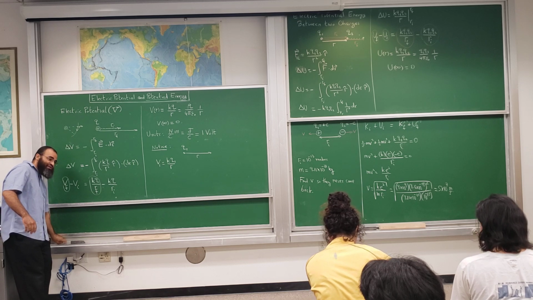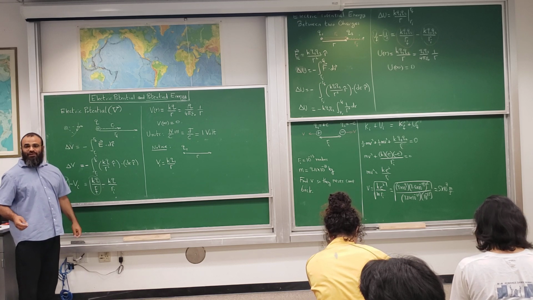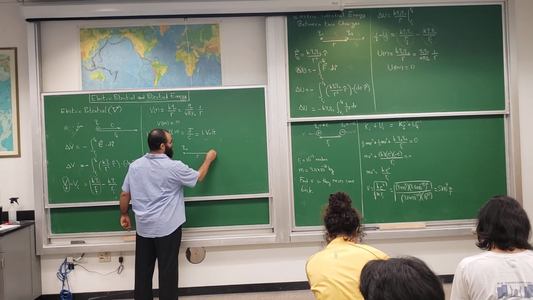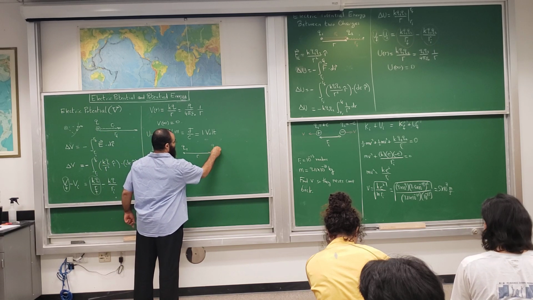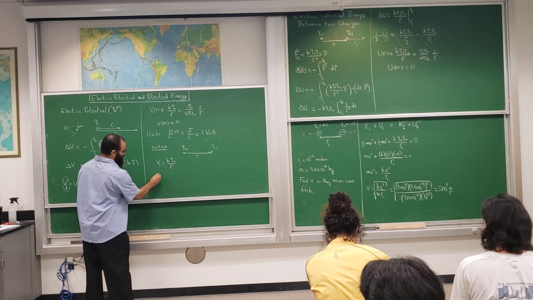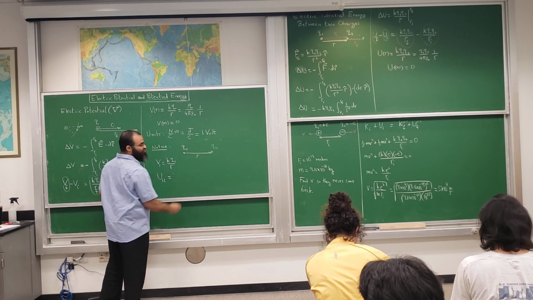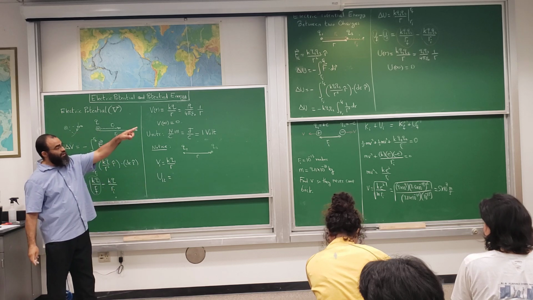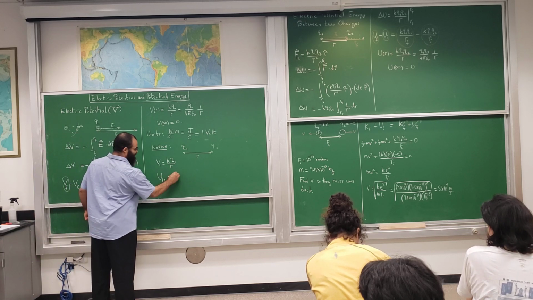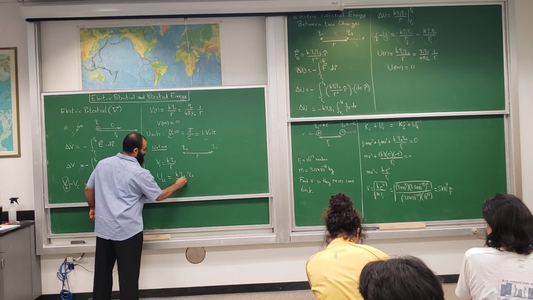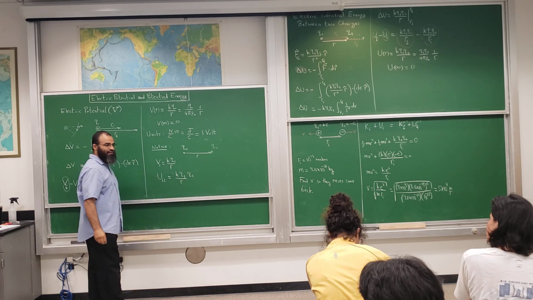So the next thing I want to ask you: let's say I place a charge Q2 right here. What's the potential energy between the two charges, U1,2? Yeah, it is kQ1Q2 over R, right?